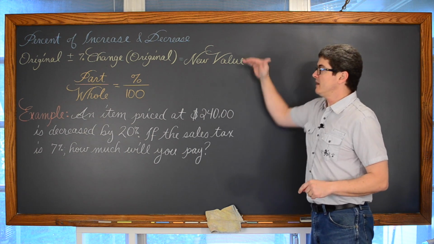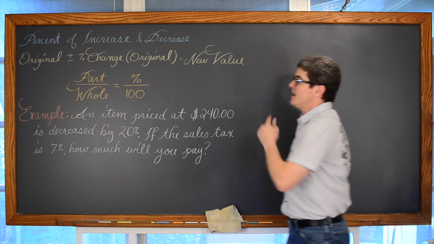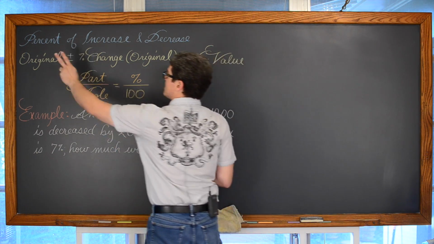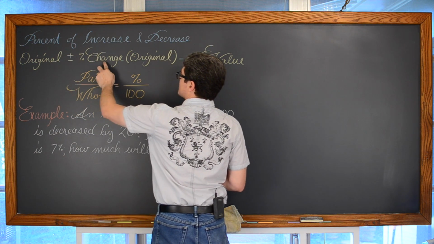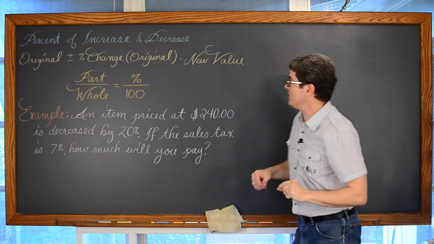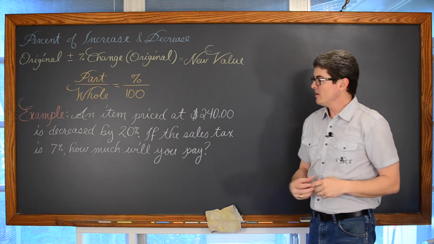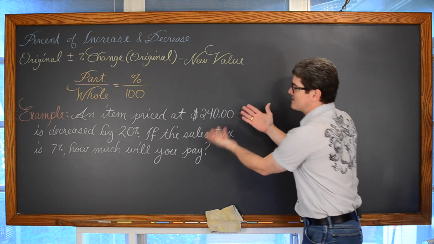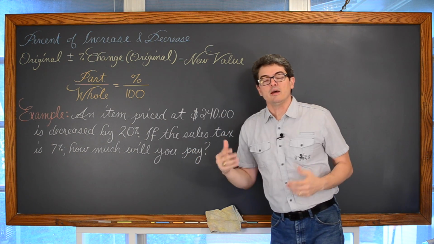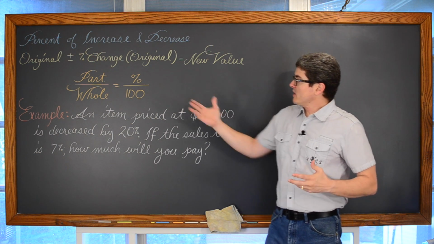You can write an equation for each of these, and sometimes I prefer this method. It's the original amount plus or minus a percent of change times the original amount is going to be your new value. Perfect example of this, and this is dealing with buying something at a store, but just verbally real quick.